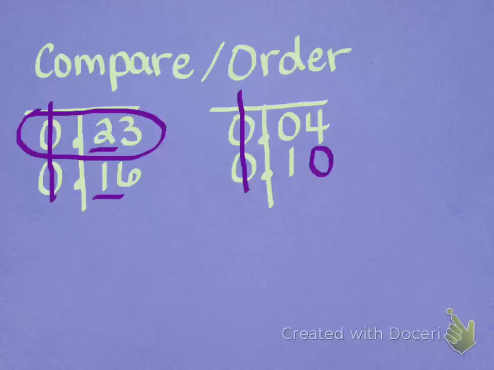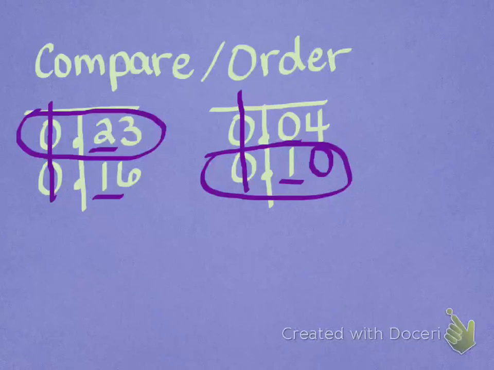And now I'm going to look at the next column, and I have a 0 and I have a 1. So if I were looking for the decimal that is larger out of those two, definitely 1 is larger than 0. So in this case, the decimal 0 and 1/10 or 0 and 10/100 is larger than the decimal 0 and 4/100.